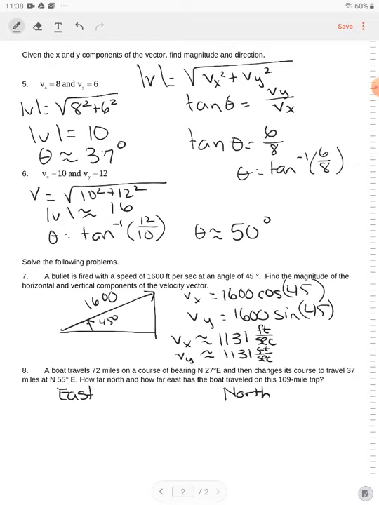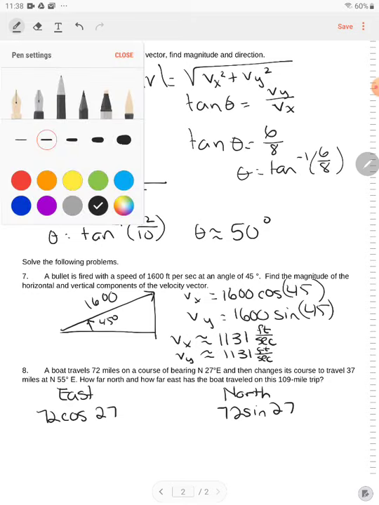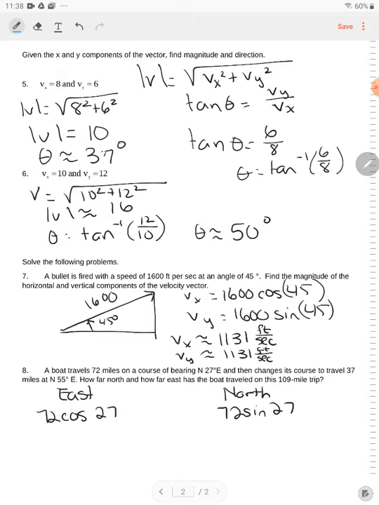So let's see, they're going to go 72 miles, so 72 cosine of 27. Okay, that's your first boat. And then over here it's 72 sine 27. So we're going to add vector components.